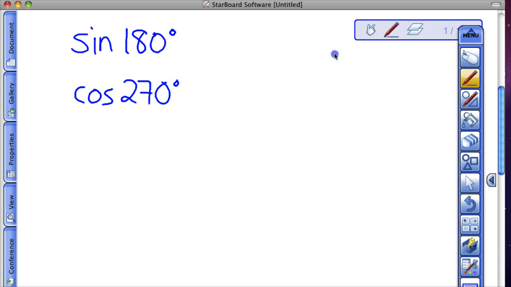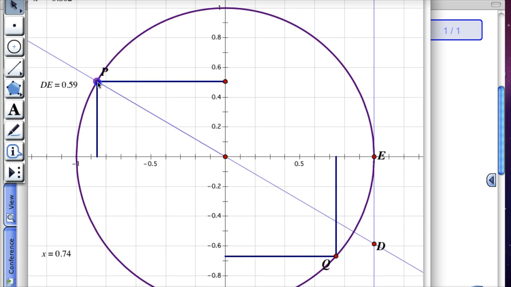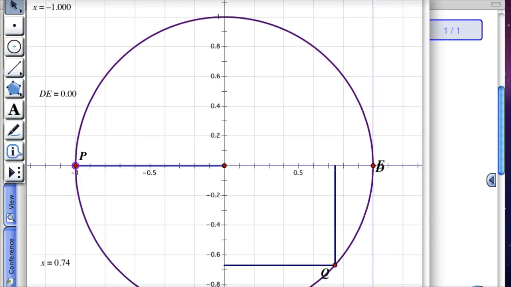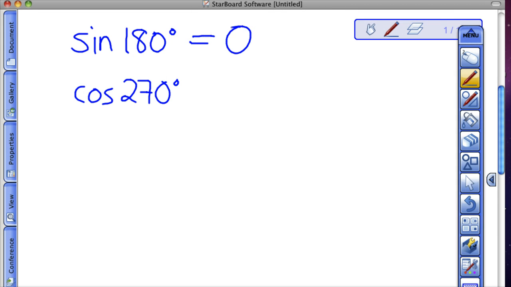So sine of 180, if I go over here, remember sine is the y coordinate. So what's my y-coordinate going to be here at 180 degrees? Well, it's not high at all. It's way over here, but it's not up or down at all, so that's actually 0. So going back to my problem here, the sine of 180 is equal to 0.